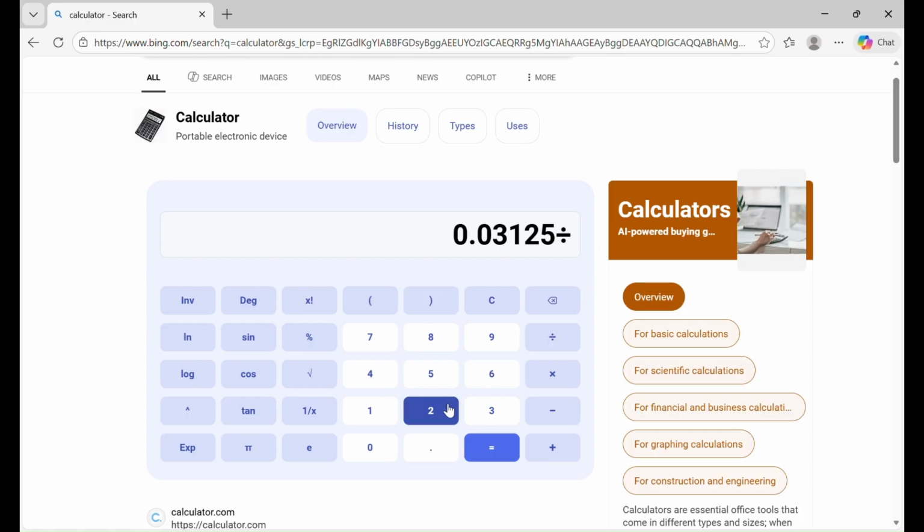Okay, now let's just divide this by 2 again. 0.015625. Wow. These numbers are getting pretty small.